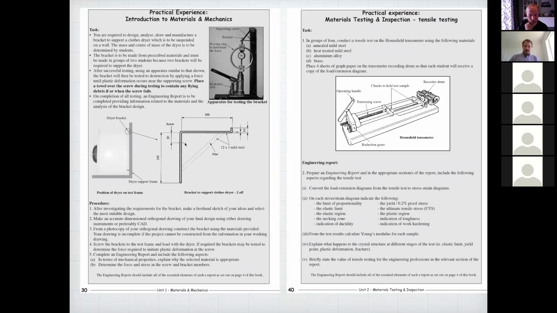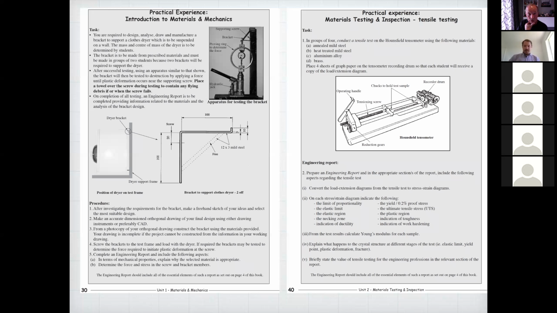And then they had to get this screw in, because I had an apparatus here where the bracket would be inverted, and then I had a proving ring here to test how much force it would take. And when you get plastic deformation at that screw there, that's a good indication of what plastic deformation is, because they're actually seeing it.